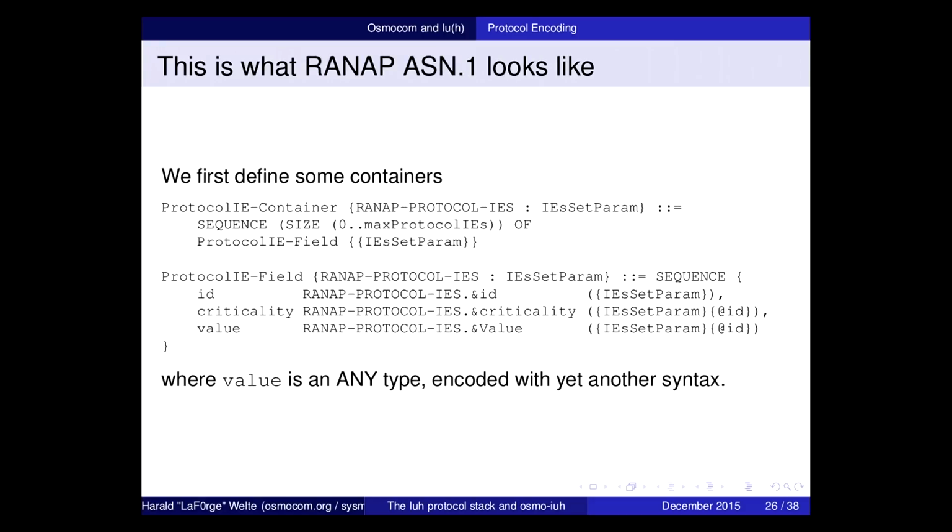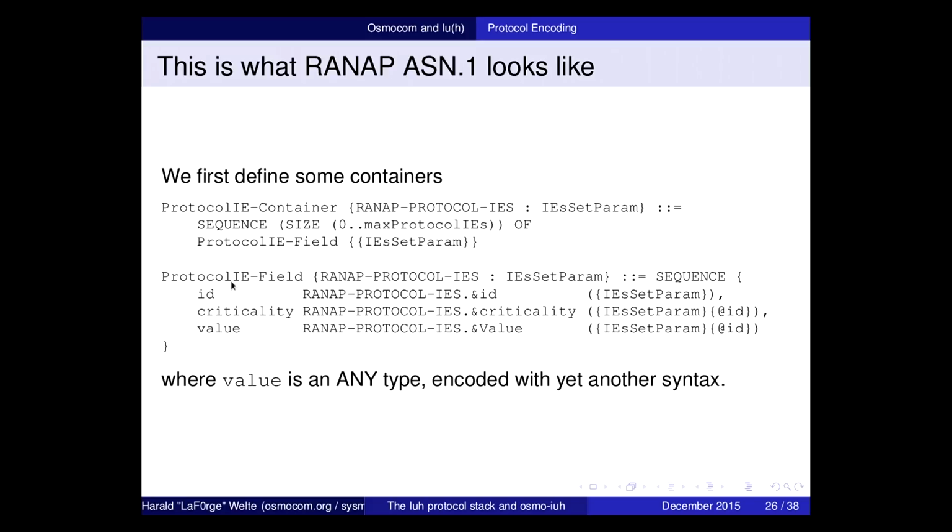Now, in RANAP and these protocols, as I said, they first define these containers. It reminds me a bit of some mathematicians: we define this, and then we have that, and therefore we can construct such a new structure and whatnot. So they first define a container for protocol information elements, protocol IEs, and then the protocol IE is the actual information element.